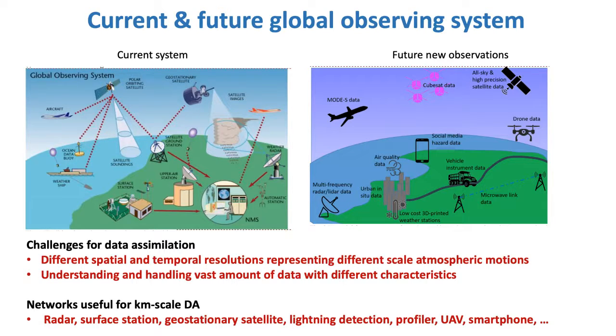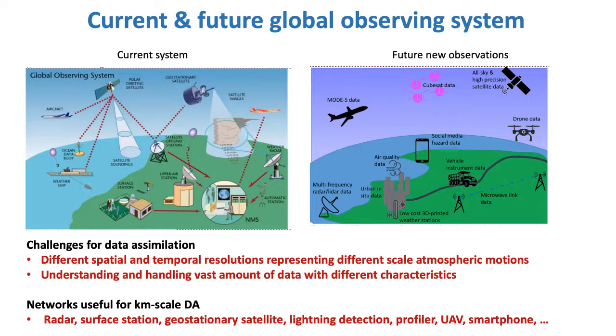Another challenge is that with this vast amount of data, we need a better understanding and handling of the data, and they all have different characteristics. This also poses another challenge. Of course, data pre-processing, quality control, and error quantification are all challenges for assimilating all these different types of, especially the new observations.